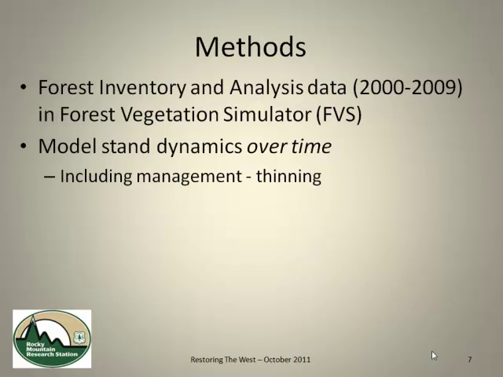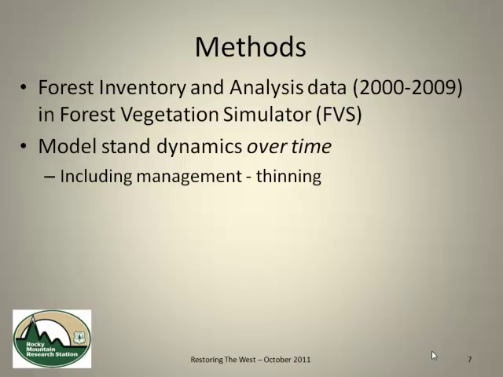I'm going to do this using the forest inventory and analysis data from the most recent full annual inventory that encompasses the years 2000 to 2009. And what I'm going to do is import this data into the Forest Vegetation Simulator.